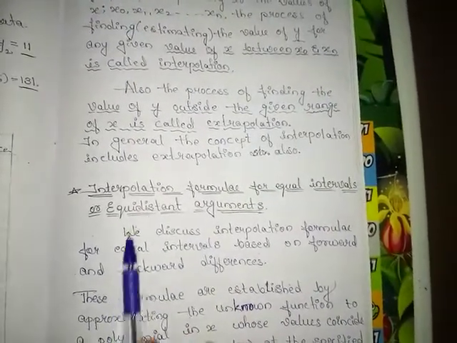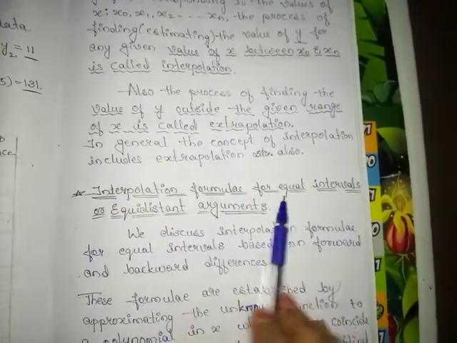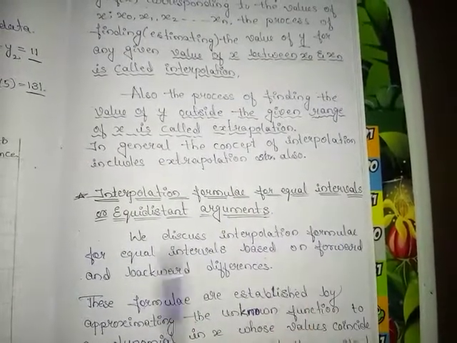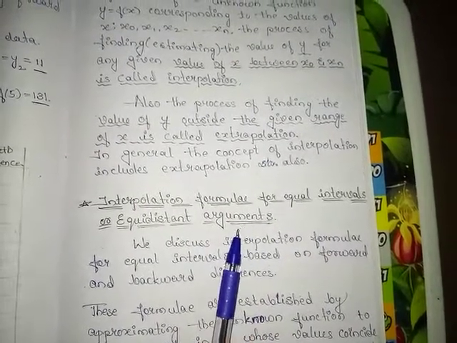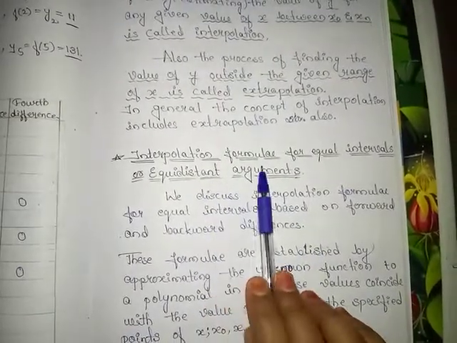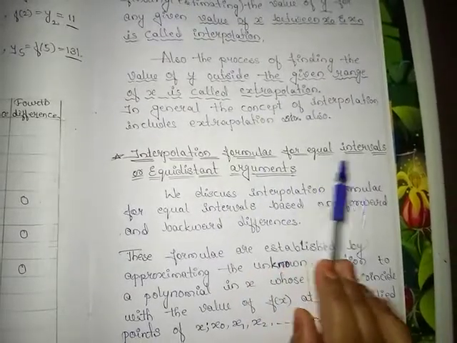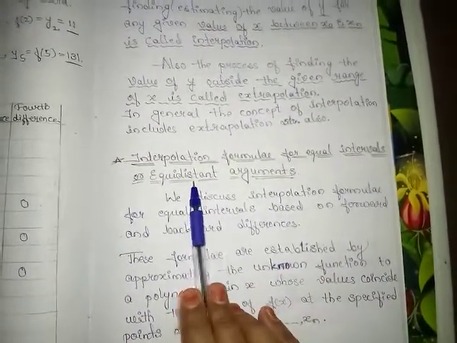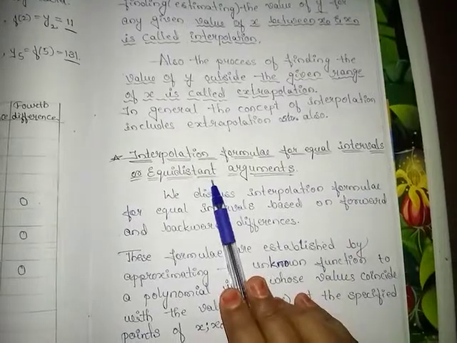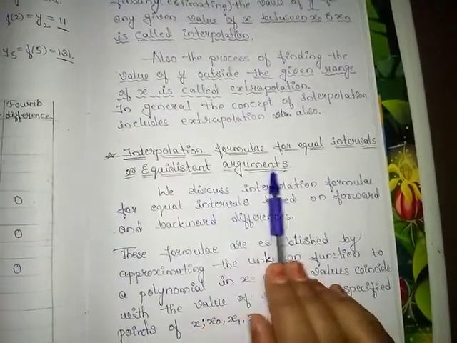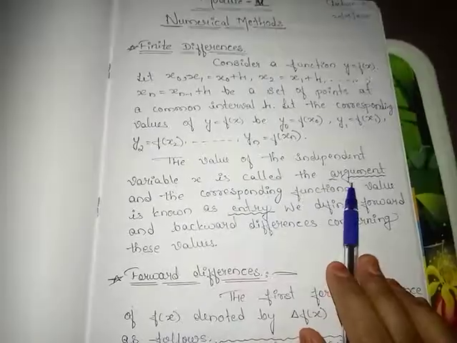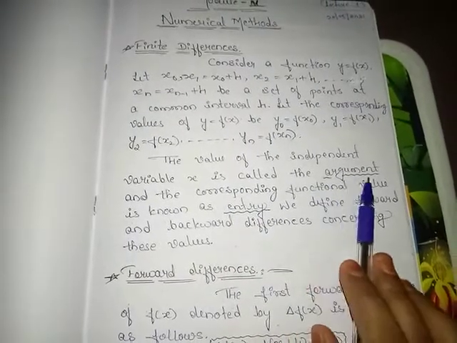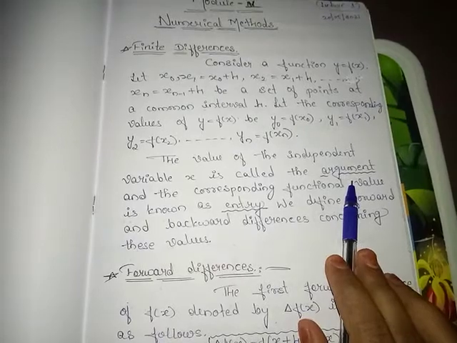Now we will see the interpolation formulae for equal intervals or equidistant arguments. Here arguments means what? At the beginning of this module, I gave the definition of argument.